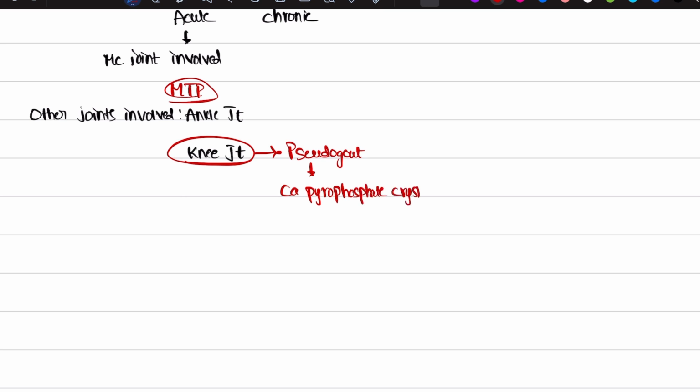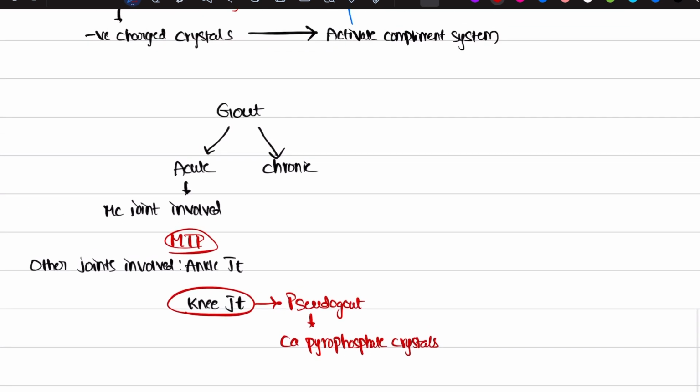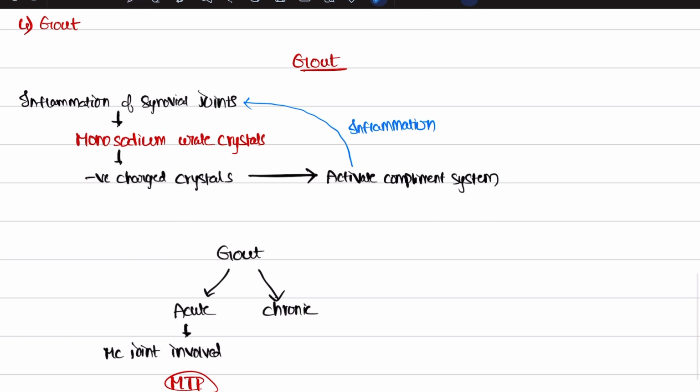These are accumulated in the knee joint, but in gout they are monosodium urate crystals. This is the difference here. I am going to discuss further how to differentiate between pseudo gout and normal gout. As for now, just remember that in gout the crystals accumulated are monosodium urate crystals.